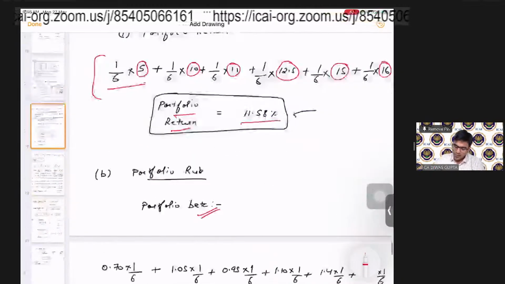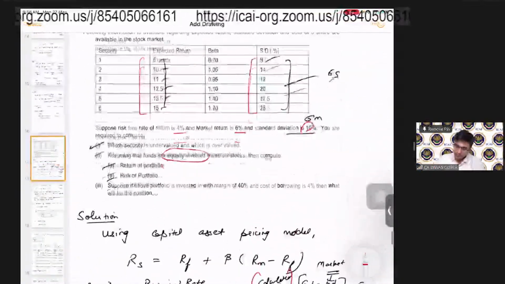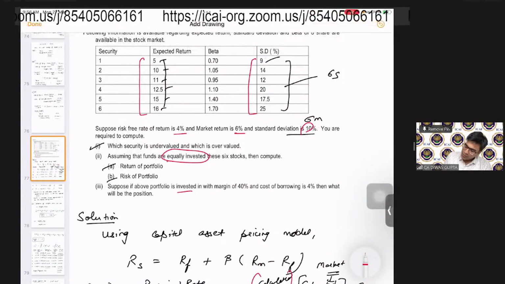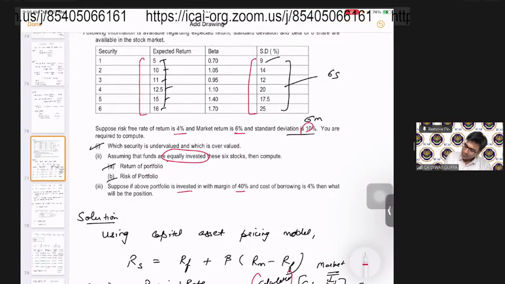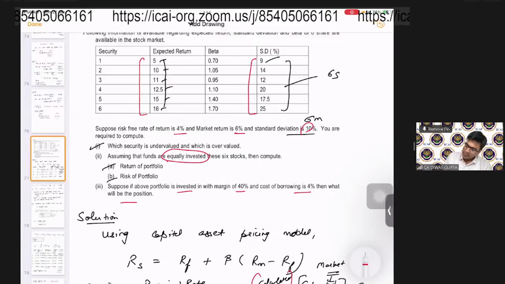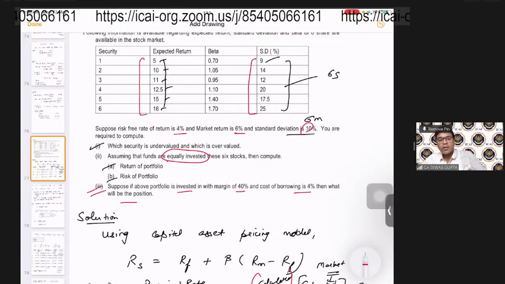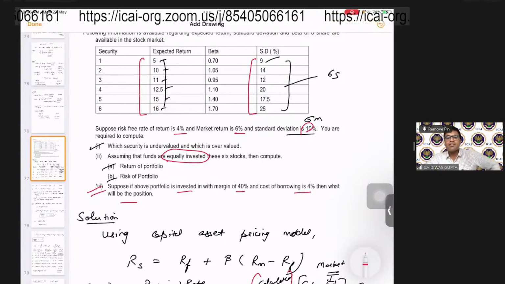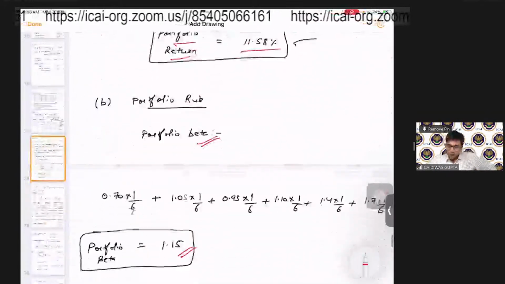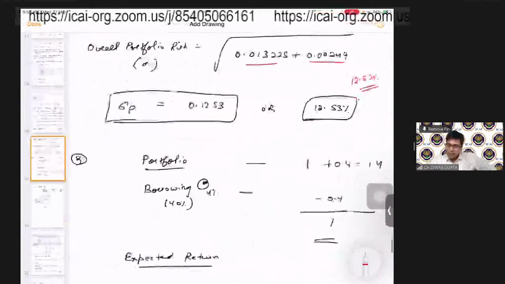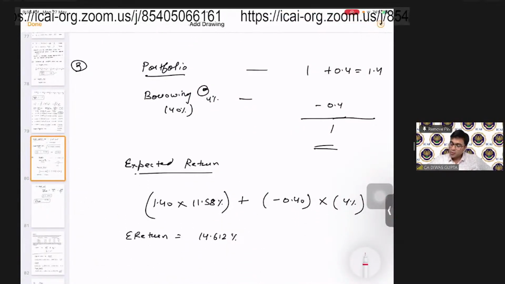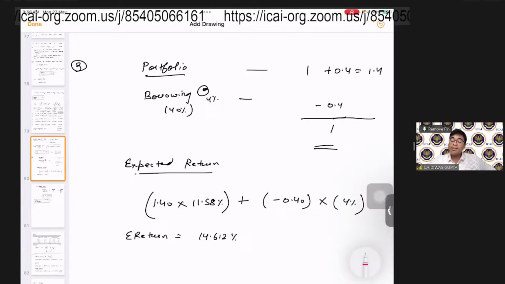Now, third part. Suppose the above portfolio is invested with a margin of 40% and the cost of borrowing is 4%, then what will be the position? Now, they're asking us that the portfolio is invested with a margin of 40%, and they have also told us the cost of borrowing as 4%. Now, students, what does that really mean?